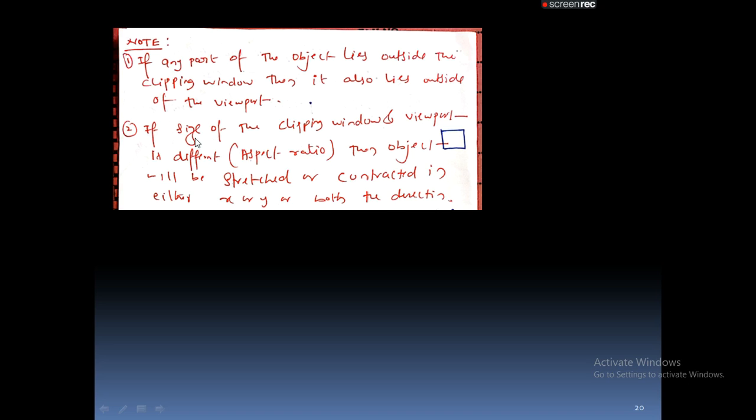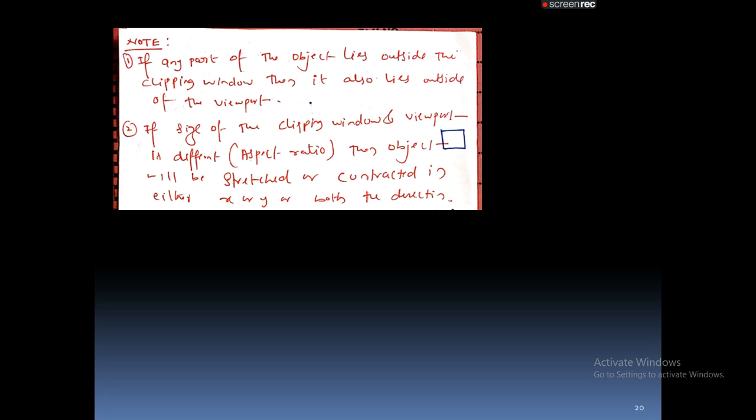What is the meaning of this? If the size of the clipping window is different than the size of the viewport, take a day-to-day life example. In our mobile, assume that we are displaying an image. The aspect ratio of the mobile is 4 by 3, meaning we keep the mobile horizontally and we are watching video.